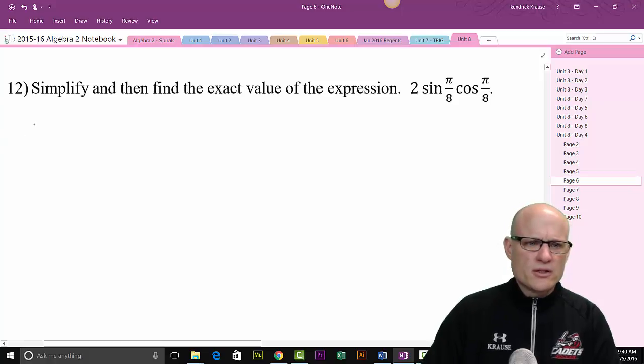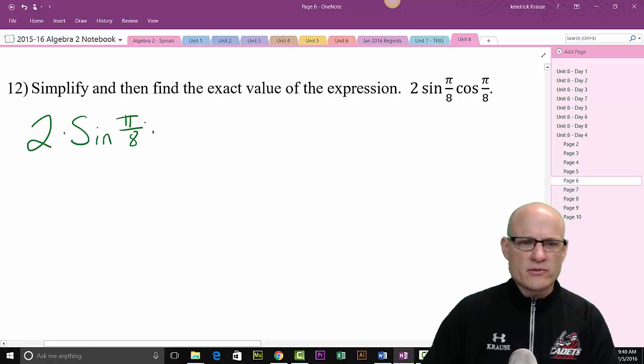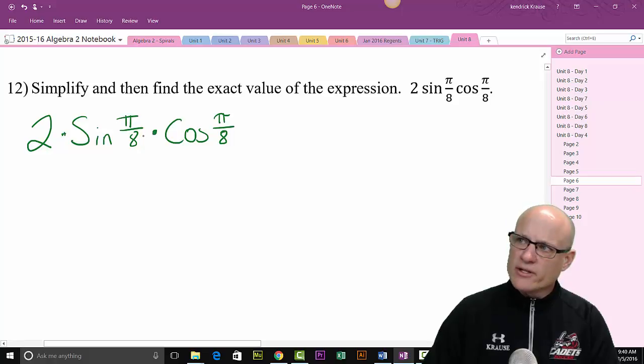Let's write that. 2 sine of pi over 8 times the cosine of pi over 8. Wait, 2 times sine of an angle times cosine of an angle. That sounds familiar.